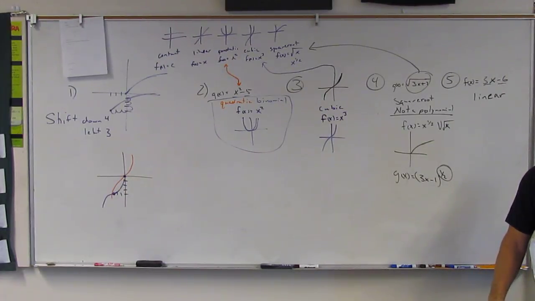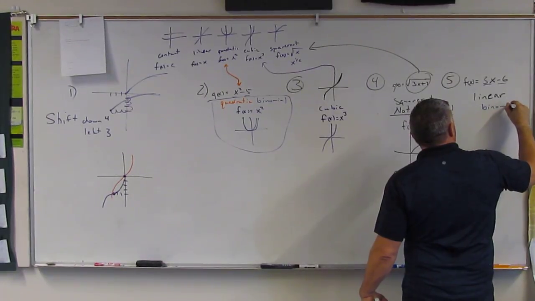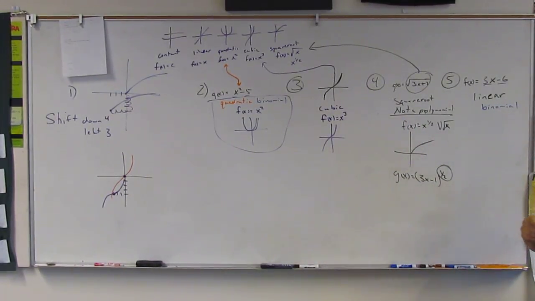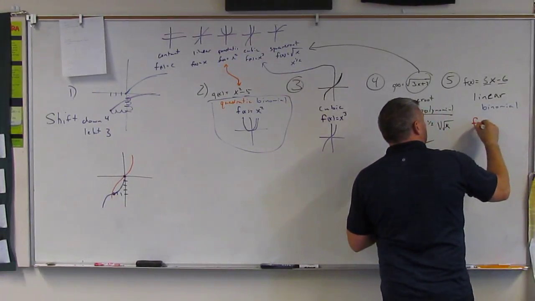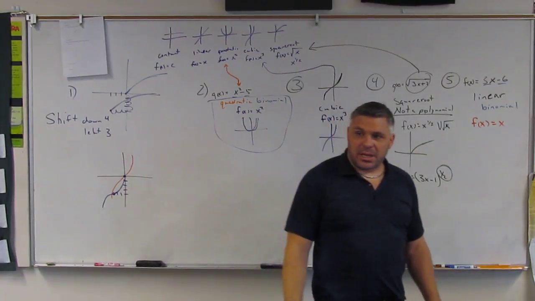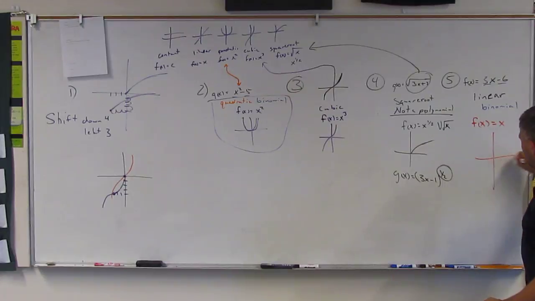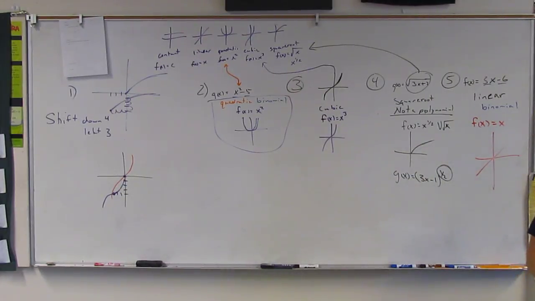Binomial. Good. Binomial. Okay? And then f of x would equal x. Okay? And so, what would the function look like? There. It's a line. Okay?